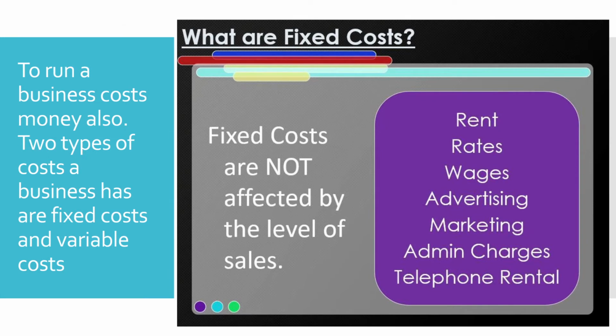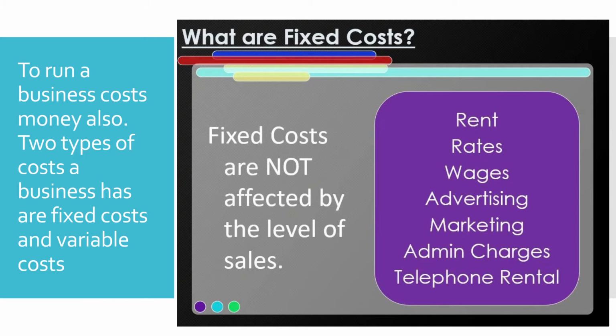So to run a business costs money as well. We are getting sales from selling our products, but we also have to pay for all the different expenses that it would cost to run that business. There are 2 types of costs that a business mainly has: fixed costs and variable costs.